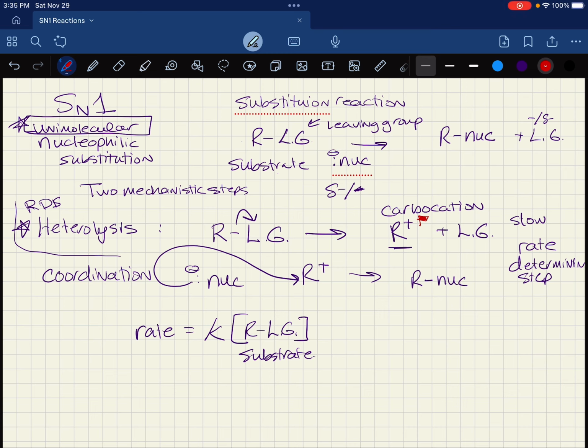Sometimes that carbocation might not necessarily be the most stable one that could be formed, so we need to check for rearrangement. An important step in doing an SN1 mechanism is always to draw that carbocation intermediate and check for rearrangement before trying to determine what the product might be.